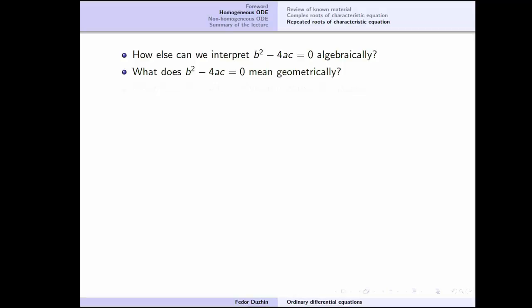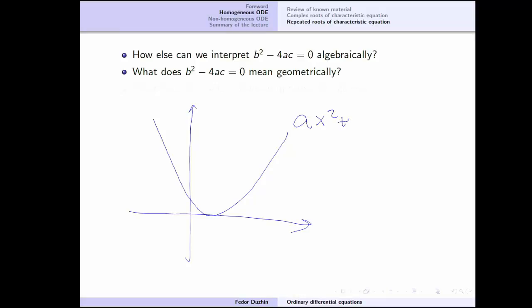The geometric interpretation is that if we plot the parabola ax squared plus bx plus c in the plane where one of the axes is x and the other is whatever, then this parabola is going to be tangent to the x-axis. That's the geometric interpretation.